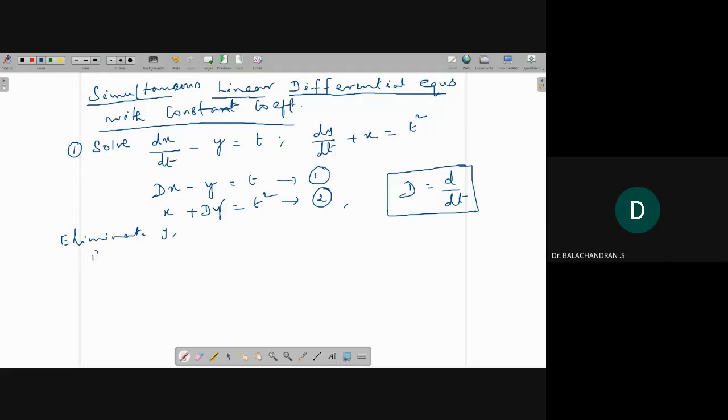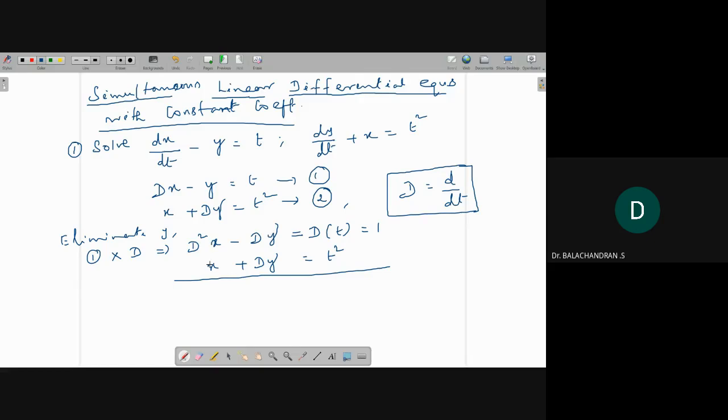Multiply equation 1 by D, you get D square x minus Dy equal to D of t, that is d by dt, differentiation with respect to t of t, and you should keep equation 2 as it is: x plus Dy equal to t square. This is actually 1. Differentiation of t is 1.